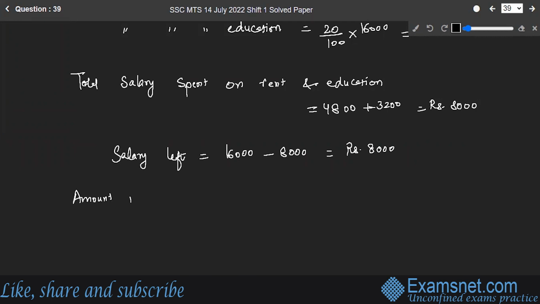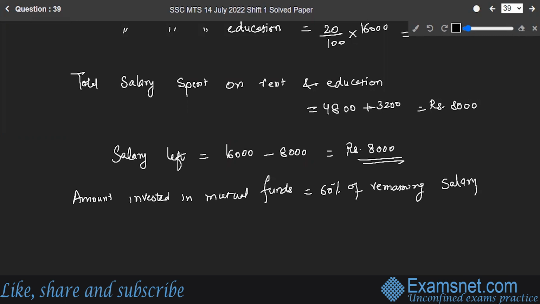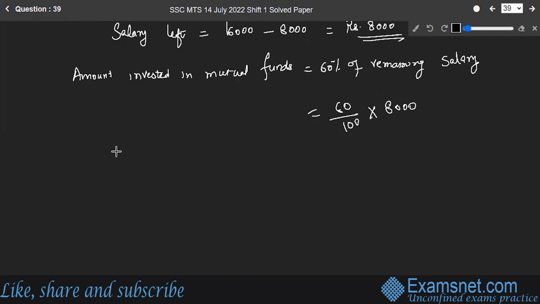The amount invested in mutual funds is equal to 60% of the remaining salary. So 60% of the remaining salary of 8,000 will cancel and you have rupees 4,800.